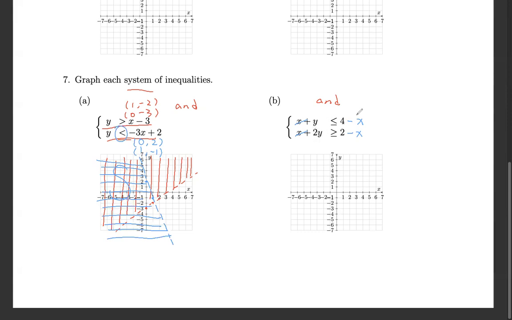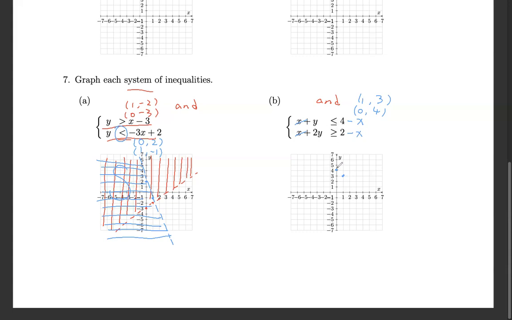Let's graph the first one. If x equals 0, we see y equals 4, so we get one point. If x equals 1, 4 minus 1 is 3, so we get another point. So 1 comma 3 is this point, and 0 comma 4 is this point. Then we can graph. This one we graph with a solid line because this is less than or equal to.